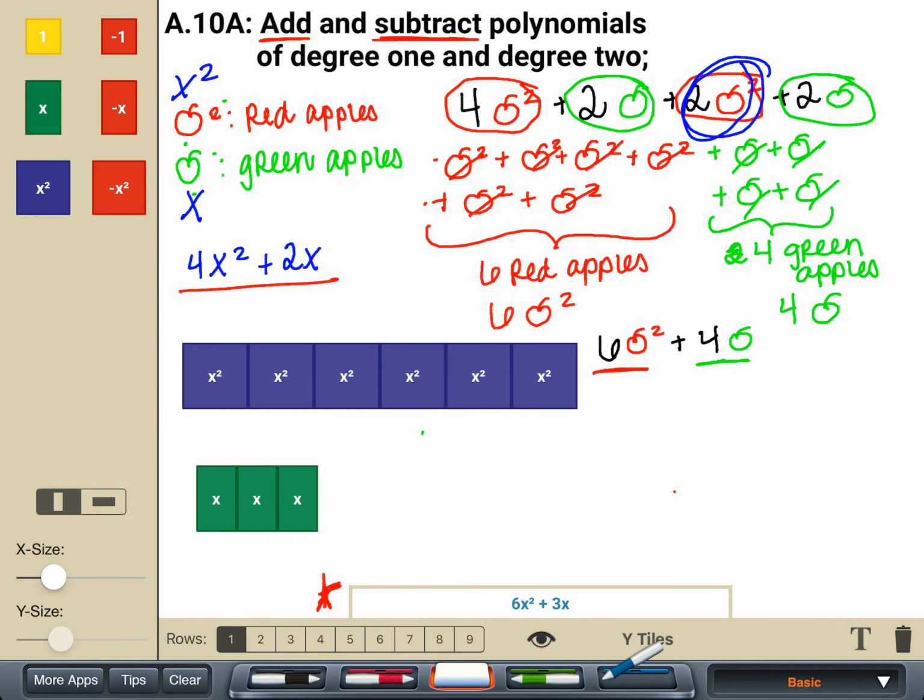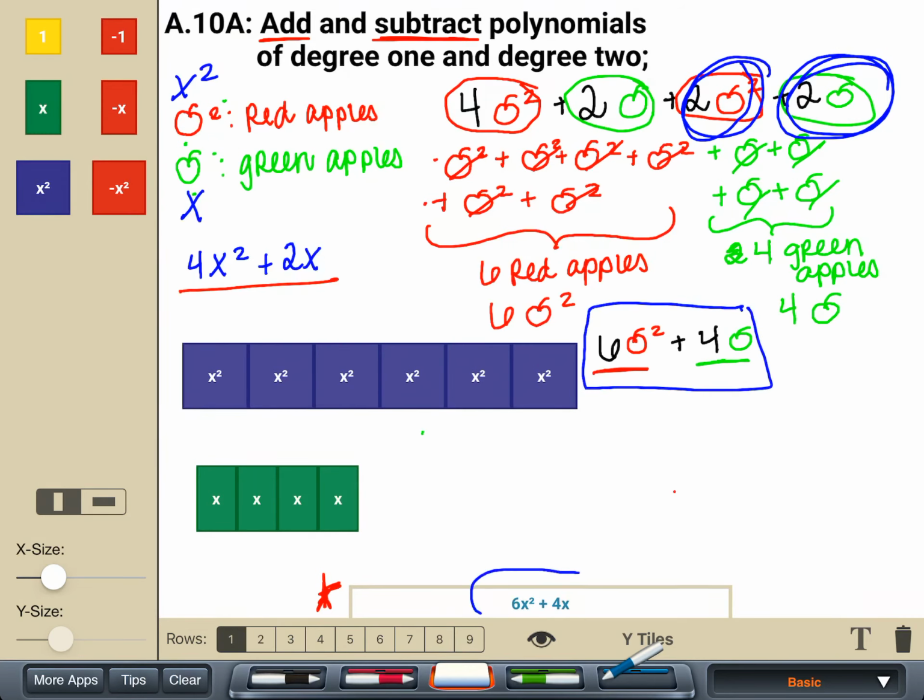So we're going to add in 2 more x tiles. And that was this part of the expression up here. So now notice our apple expression is now the same represented in our x expression. We now have 6x squared, so we have 1, 2, 3, 4, 5, 6 x squared blocks, plus 4x, 1, 2, 3, 4 x blocks.